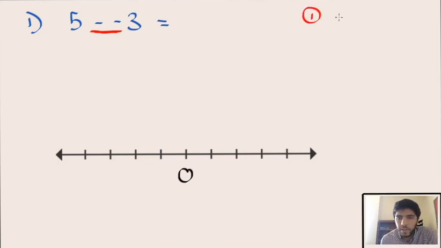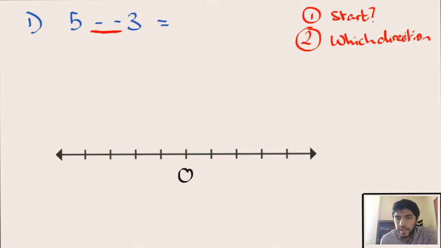In step 1, we want to know where do we start, right? Step 2, we want to know which direction do we go from there. And then step 3, we want to know how far. So in this case, we know that we start at 5.